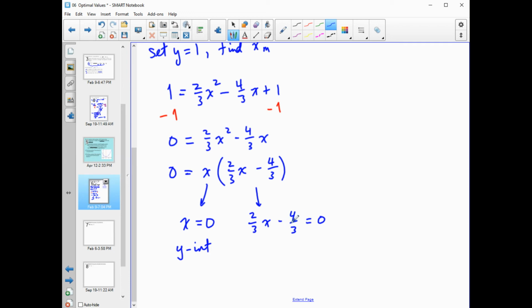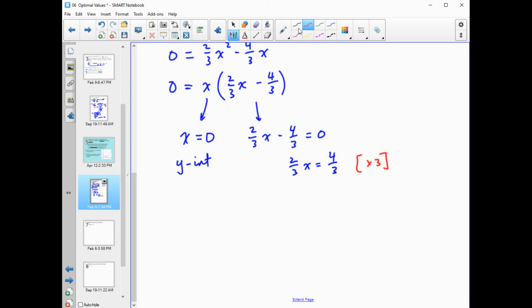Now, there's a couple of ways that you could solve this. You could isolate it, so I'm going to write 2/3 x equals 4/3, so I've isolated the variable. I'm just going to multiply everything by 3, and that's going to get rid of those fractions. So 2/3 x times 3 just turns into 2x. 4/3 times 3 just turns into 4.